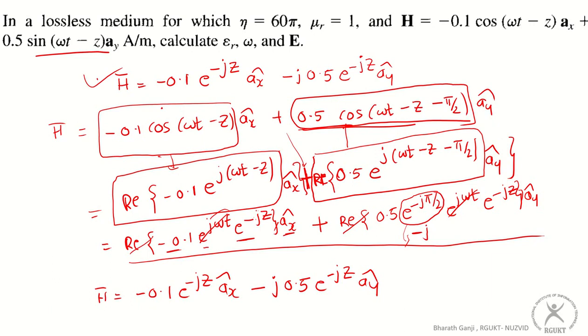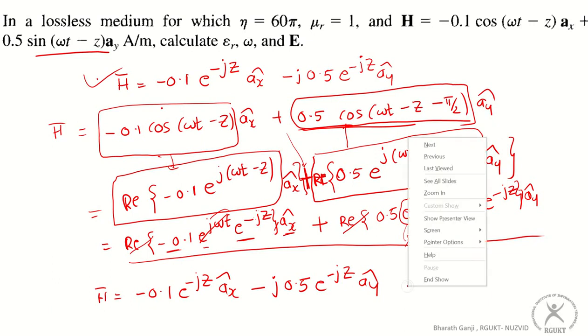What I will do now is try to calculate e bar. How do I calculate e bar? It's simple. You need to have the phasor form. Once you have the phasor form, you can get the beta like this.